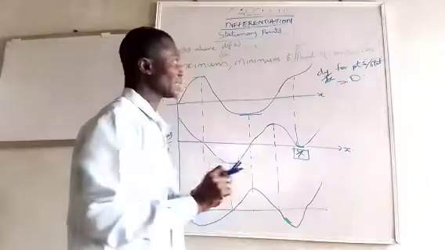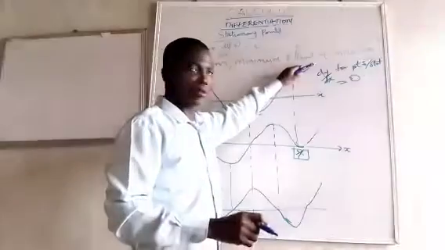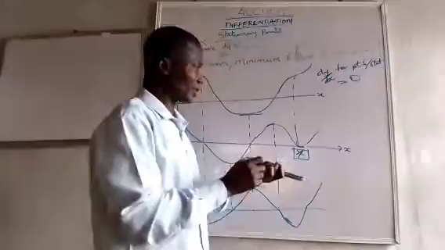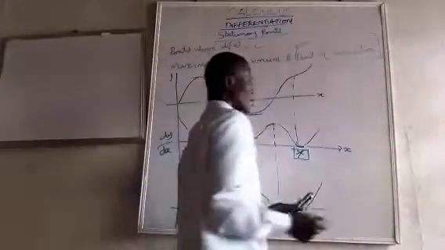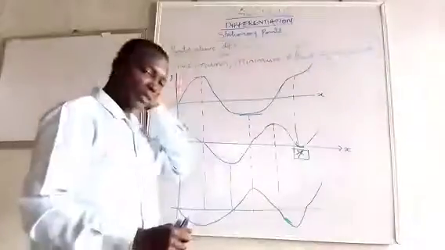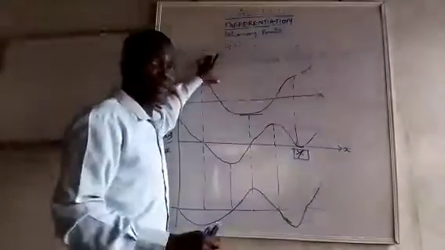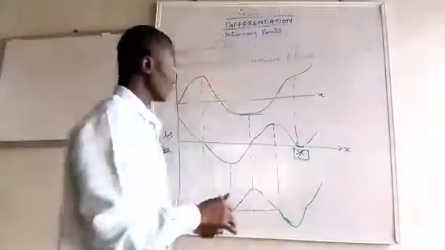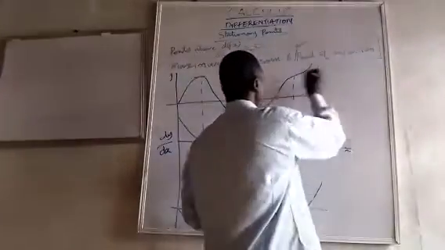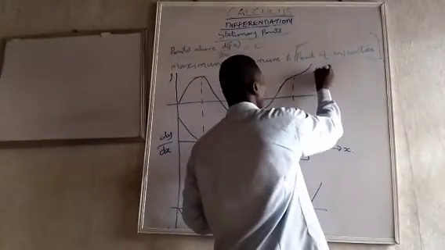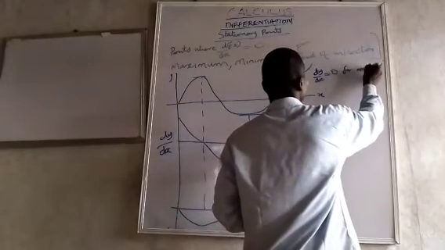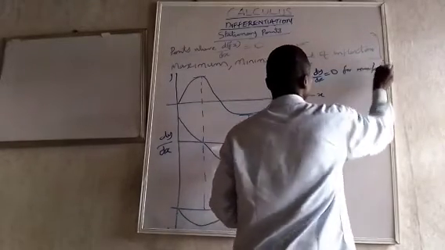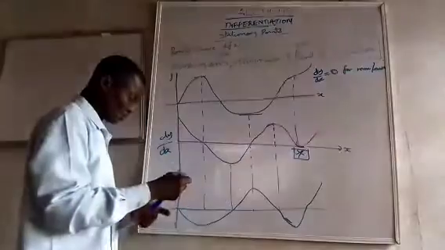Okay, let me just restrict myself. Because the point of inflection is a special point, I will concentrate on minimum and maximum points for now. For minimum and maximum points, dy/dx is equal to 0.